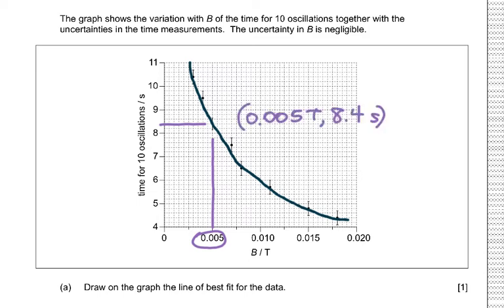If you look carefully at the error bars, they are not one square, but maybe 1.5 squares, where each square is 0.2 seconds. So based on the error bar, the uncertainty in the time is 0.3 seconds for 10 oscillations.